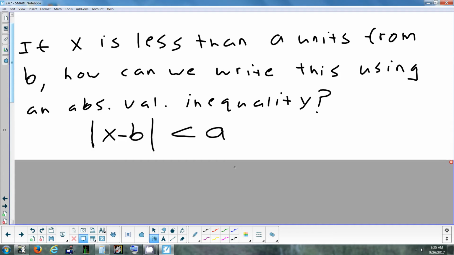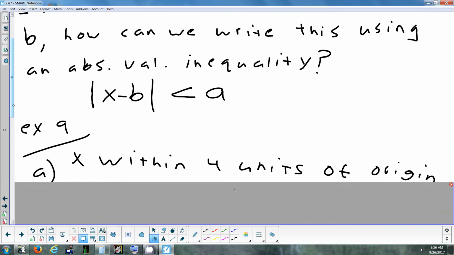So what that would look like is a between, right? Between 7 and 13. So I use a less than with an and, and we could set it up like that. If you wanted x to be within a units of some point, inside the absolute value is what you want to be away from. The a is how far you want to be away from it.